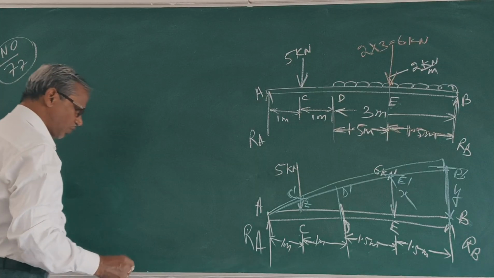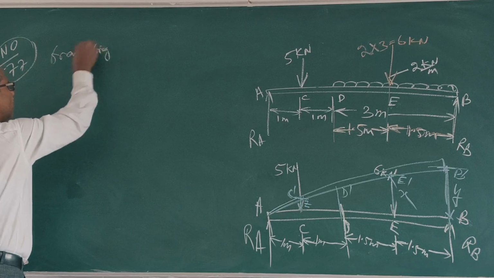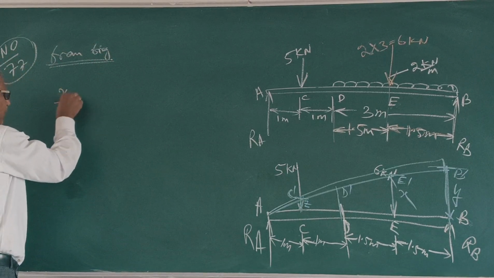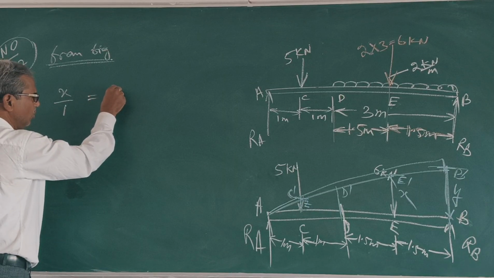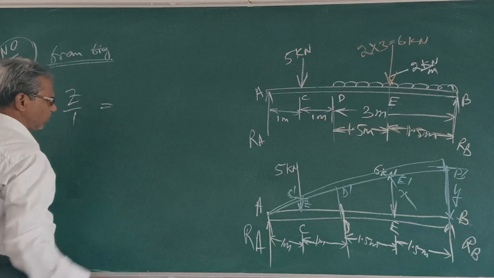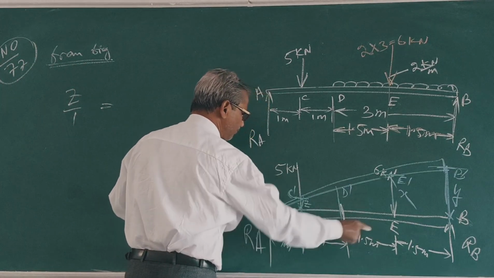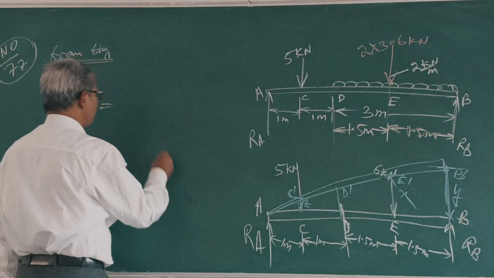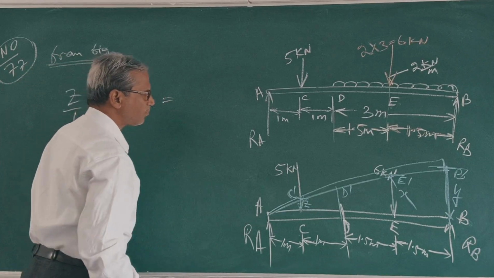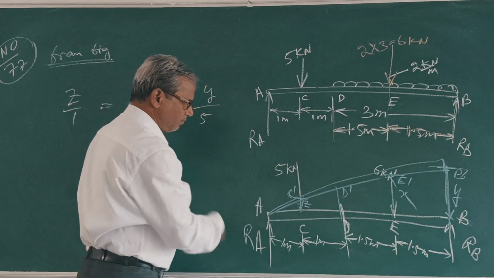So from the figure, x by 3.5 is equal to z by 1 is equal to y by 5, the total length.